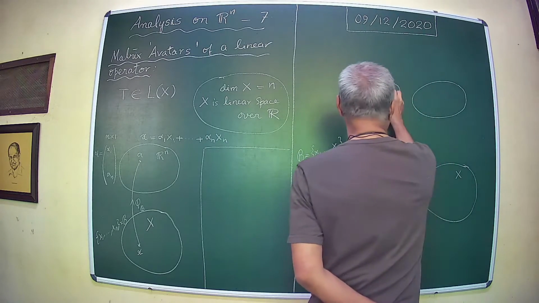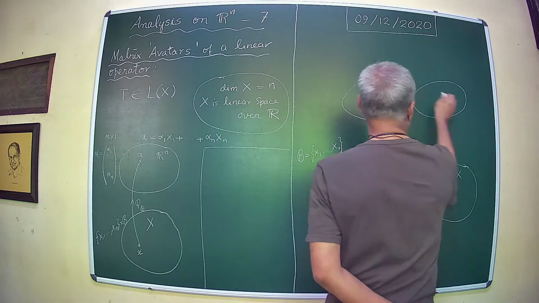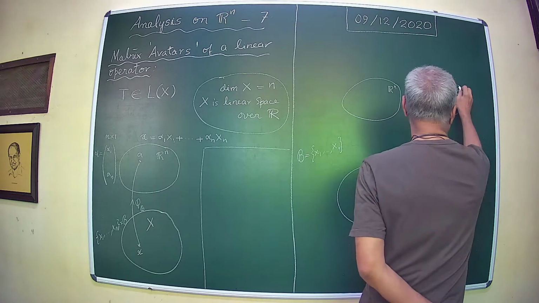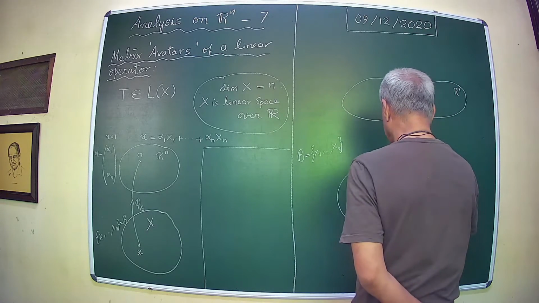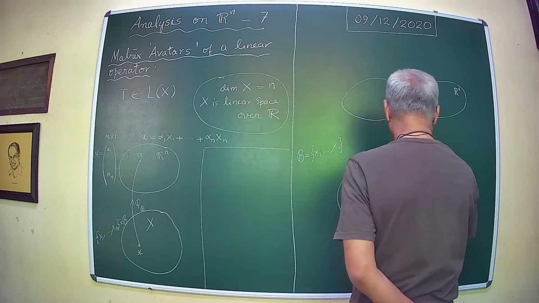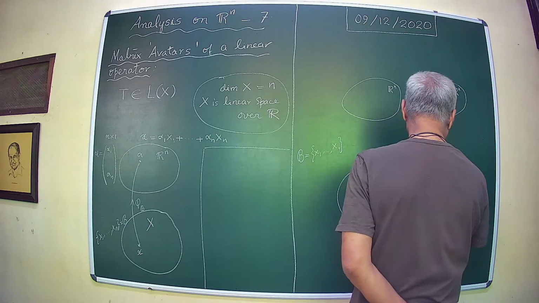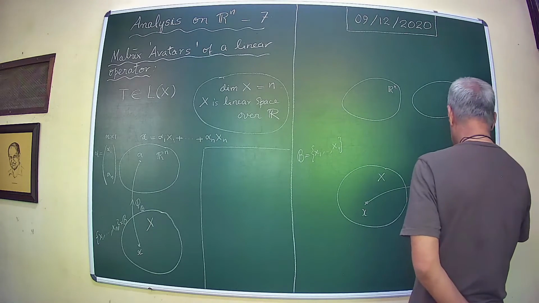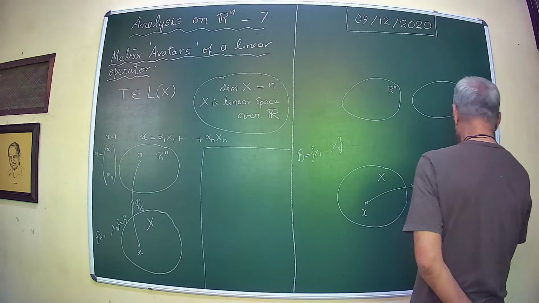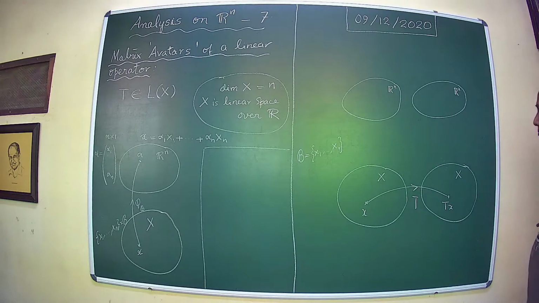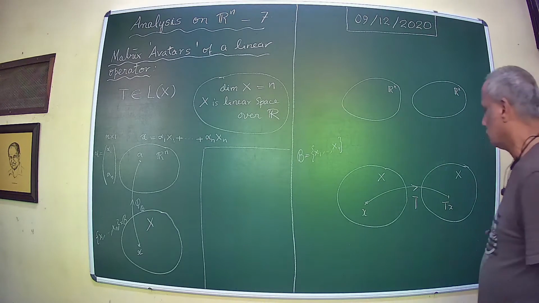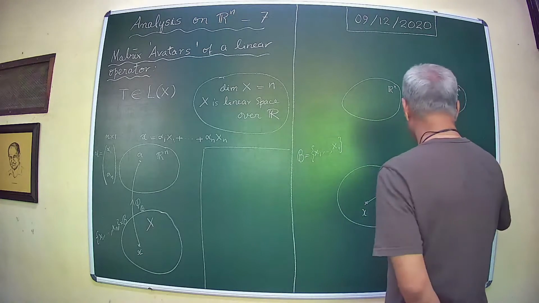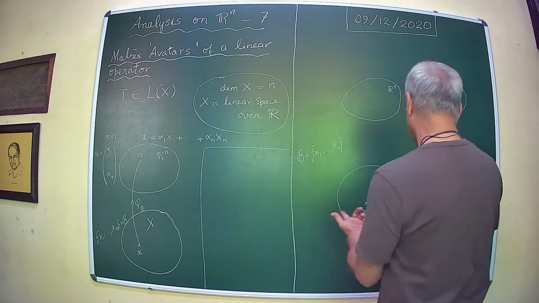So I make two copies of Rn. I start with an x here. I have the linear transformation T belonging to Lx. So it carries this to the vector Tx. Okay. So this is the domain space, this is the range space. I have separated them, but it's actually from X to X.